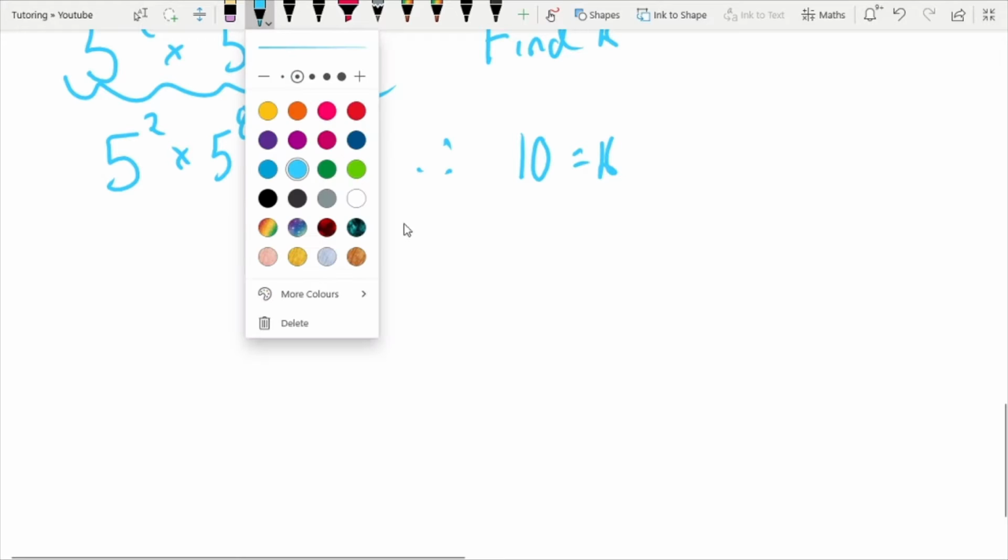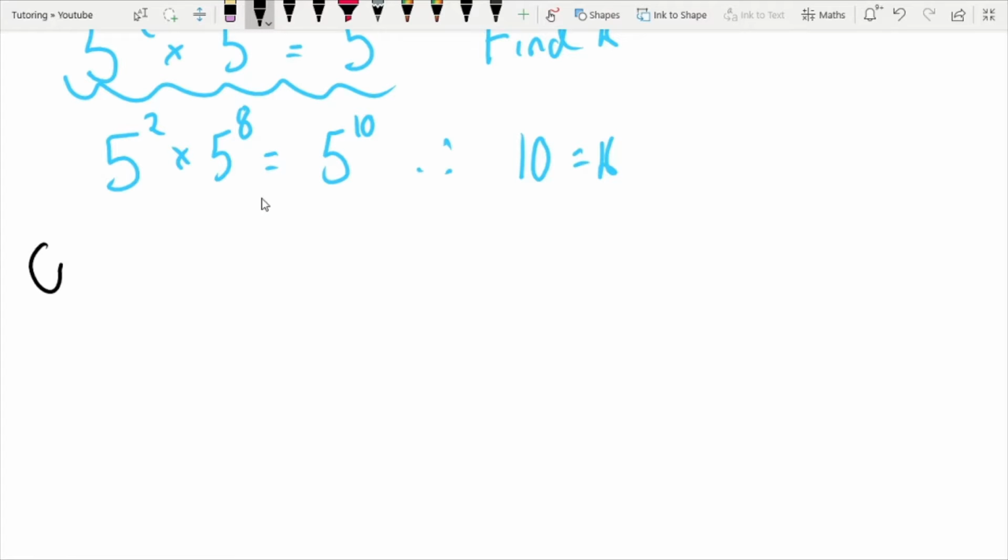So I'm going to do a few more examples for you to complete, and then I'm going to show you one more thing. So this is questions for you. Question 1. What is 2 to the 5th times 2 to the 5th? Question 2.